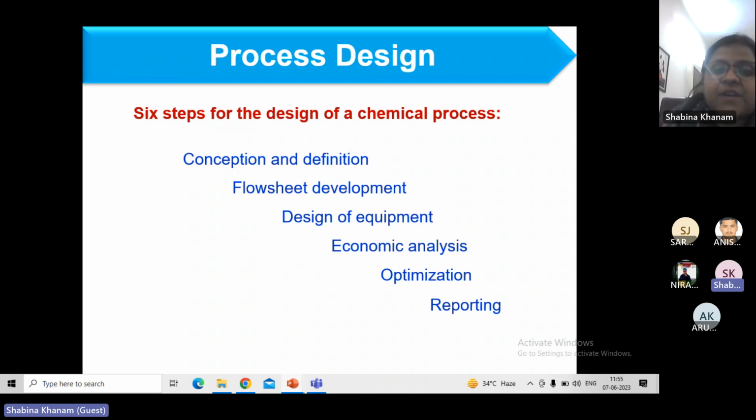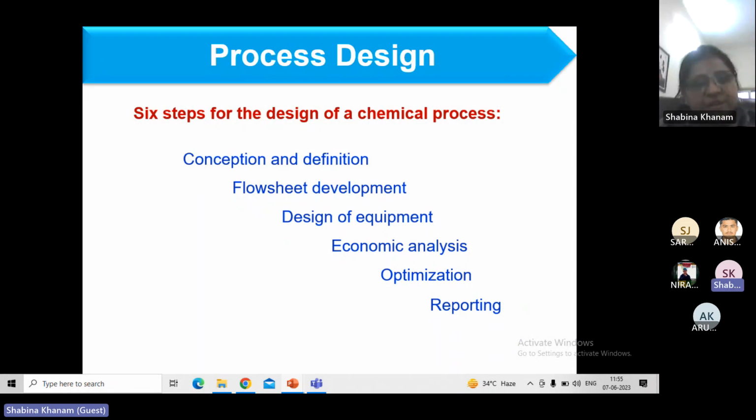Then the third step comes, that we have to design those equipment, and what that means is what this course is all about. So the equipment you have already decided, and then we need to do the design. Design here means to decide its dimensions.